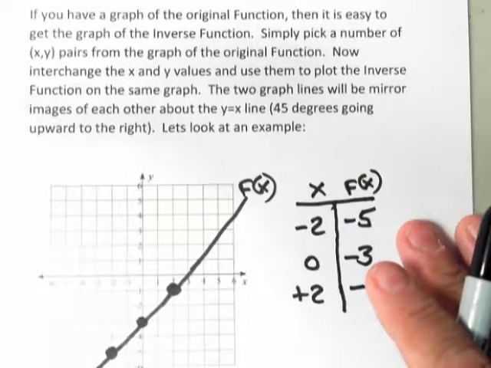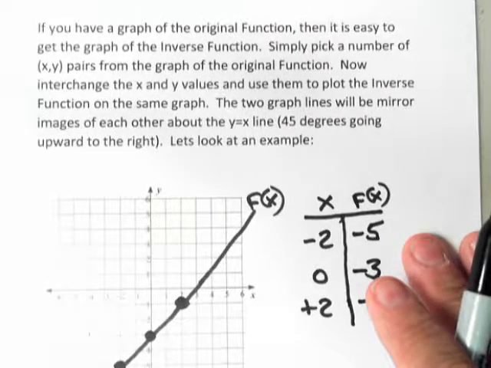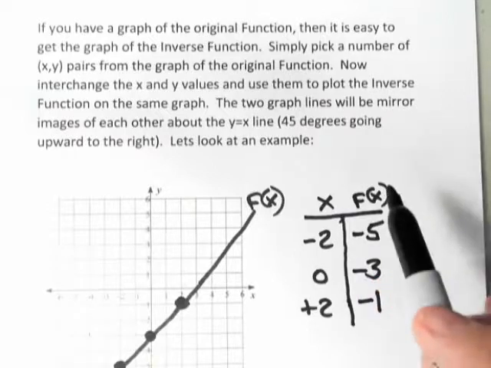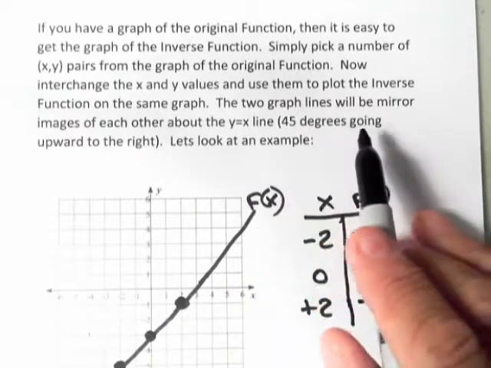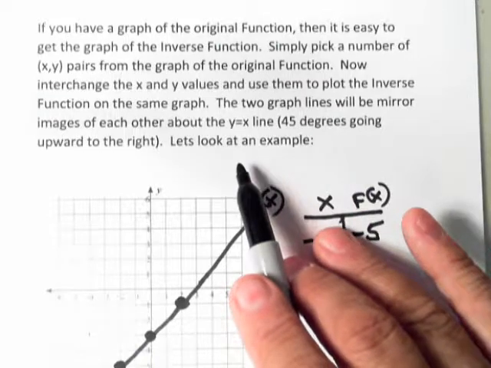Well, the key to making this work again is using something we did when we were finding inverses of equations recently. And that is interchanging the x and the y to preserve the independent-dependent relationships.